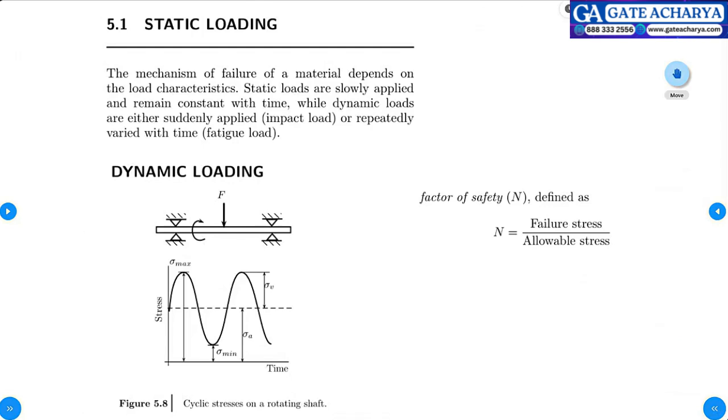Allowable stress is nothing but what comes on the member by means of our application. When we divide, we always take n as a whole number, like 2, 3, 4. It can go up to 10, 15, etc. Then only we are on the safer side. So this is called the factor of safety.